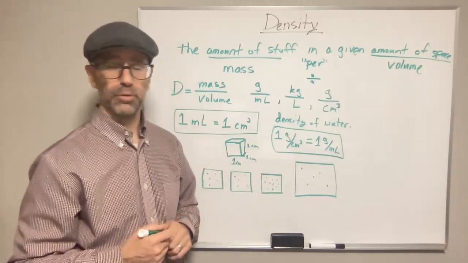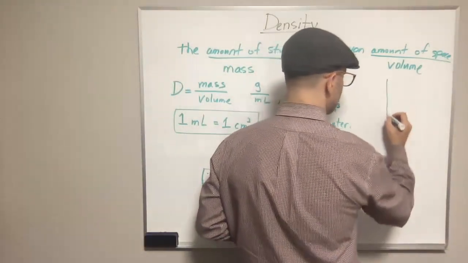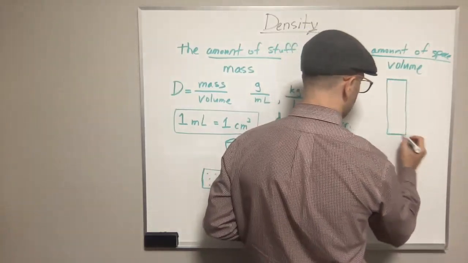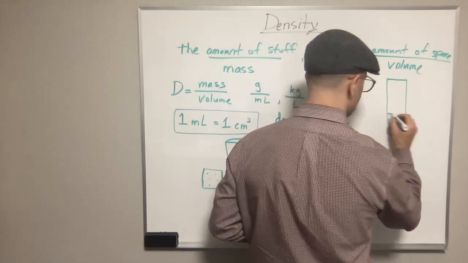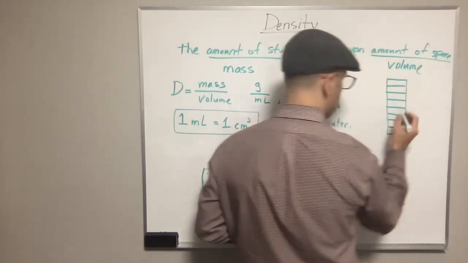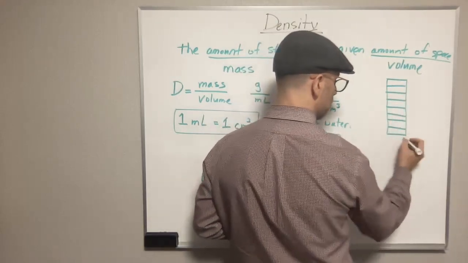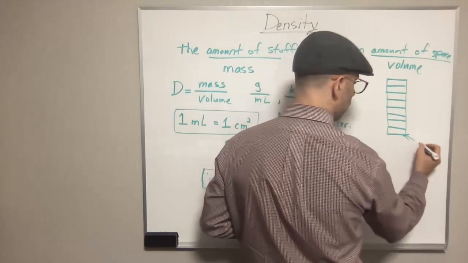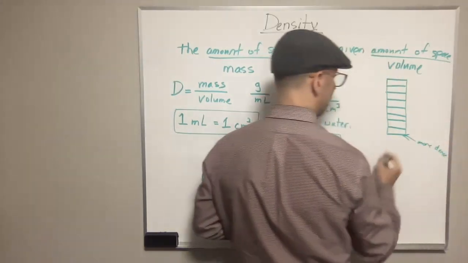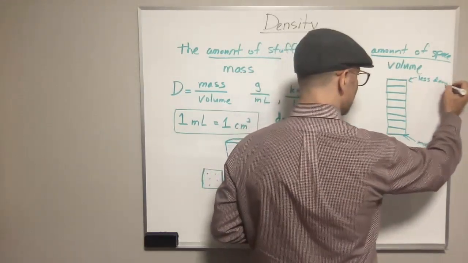So we have a few examples where you may have seen those colorful density columns, right? You might have some sort of column and it's got these layers. I don't have one to show you at the moment, but you may have seen these liquid columns with different colors, and the one on the bottom is more dense and the one on the top is less dense.